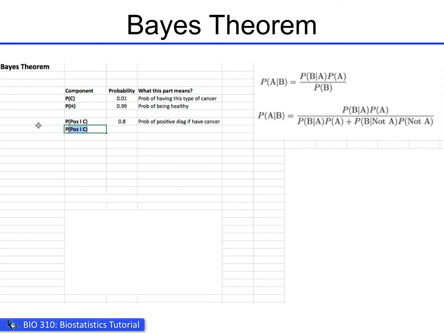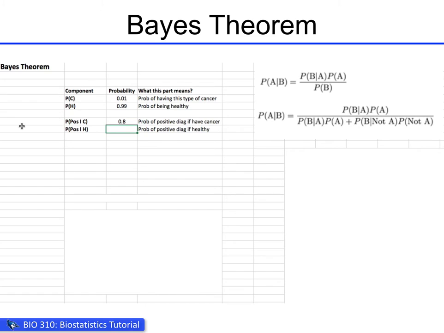And then the next bit of information that we'll put here is the probability of getting a positive result if you're healthy. So this is the probability of a positive diagnosis if healthy. This would be the false positive rate.